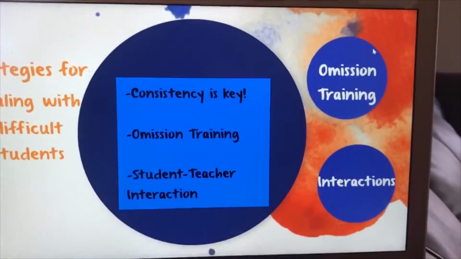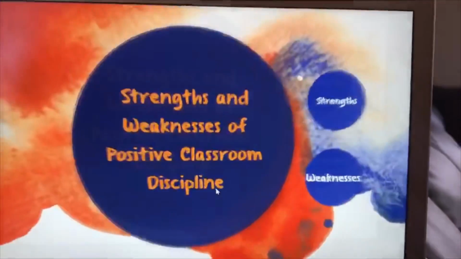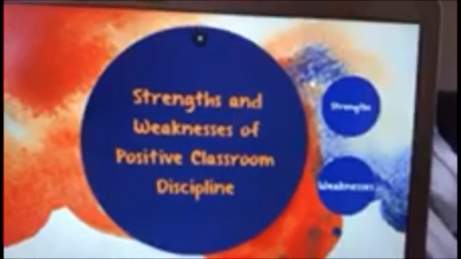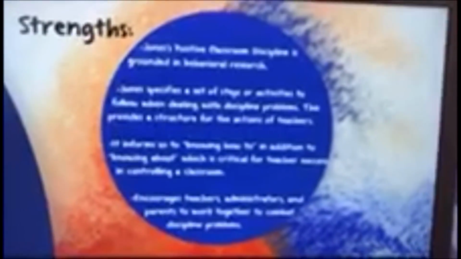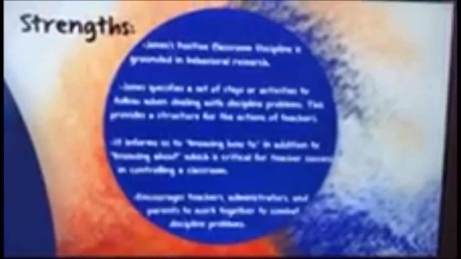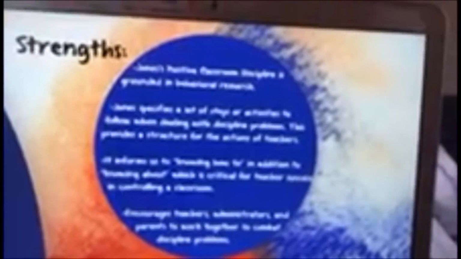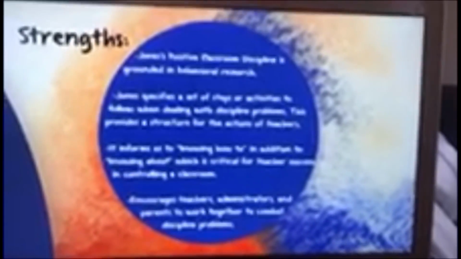Positive classroom discipline. Some strengths it talks about is that this discipline is grounded in behavioral research. Jones specifies a set of steps or activities to follow when dealing with discipline problems.